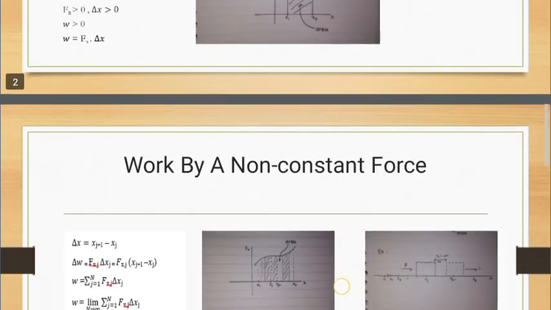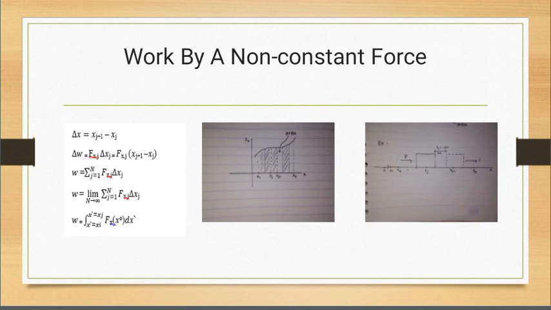Next, work by a non-constant force. We're applying a force F that is a function of x. So our component F of x is a function of x in the i-hat direction, and one of the simplest examples of a force like this is what we call the spring force.